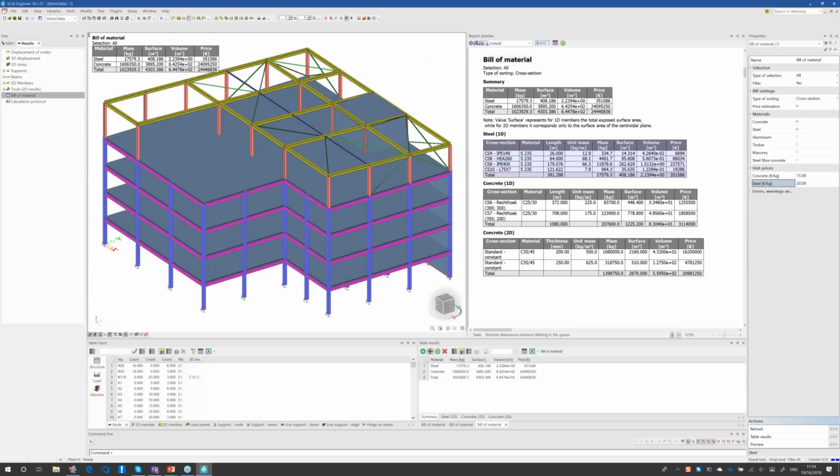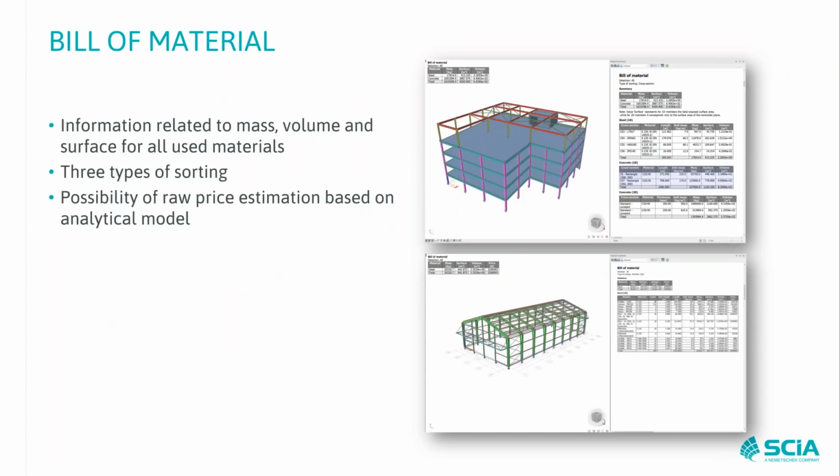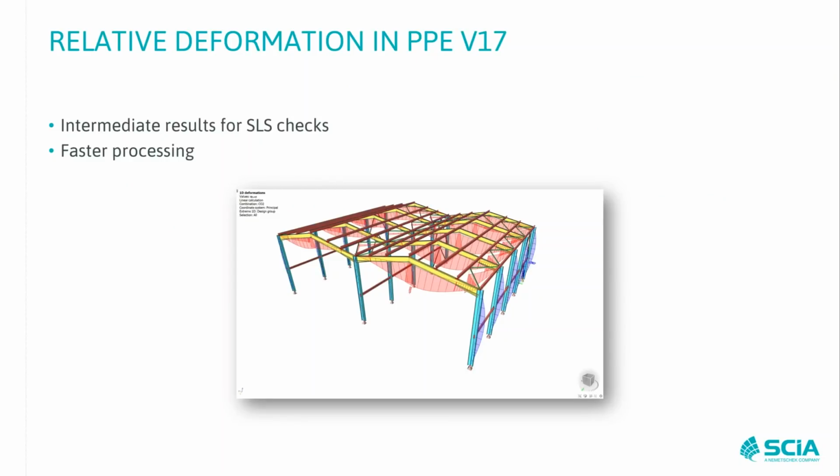When I go back to the presentation and switch slide, the next topic, attached to the analysis and results, is the relative deformation in the post-processing environment V17. You can check these intermediate results for serviceability limit checks, mainly for steel structures.